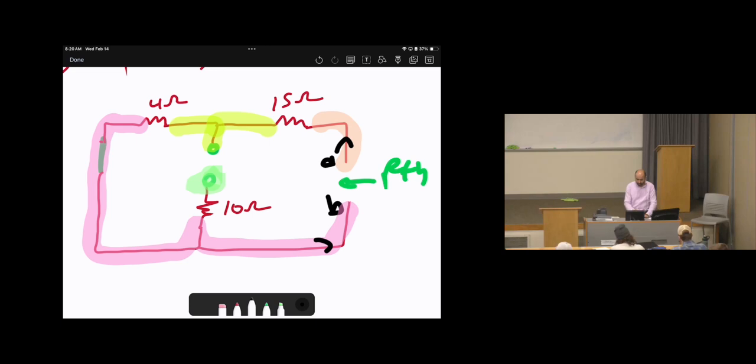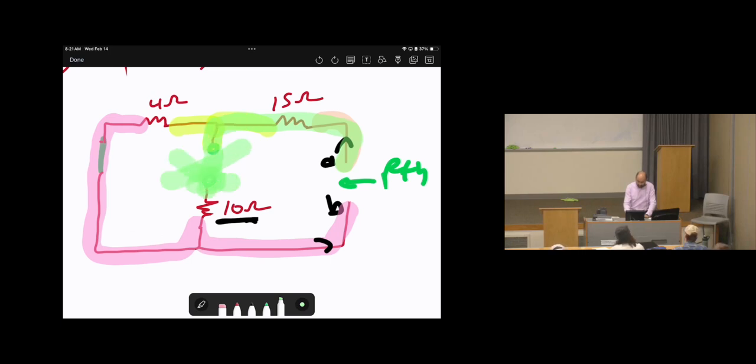Now, how about the 10 ohms? Do you think this will be counted? No, this will not be counted. Why? Again, let me flow from A to B. Is there any way to flow from A to B by going through the 10 ohms resistor?